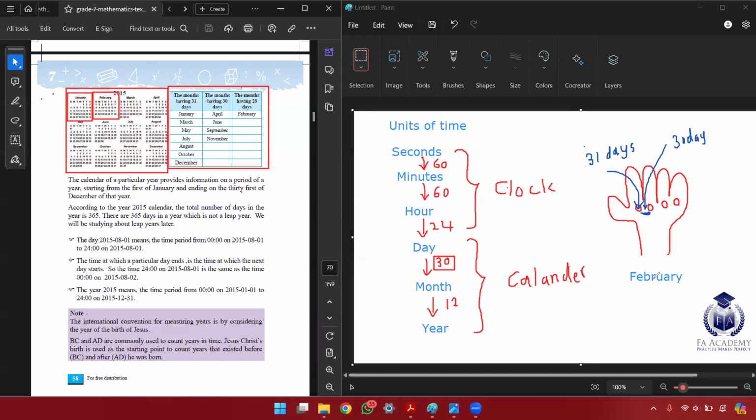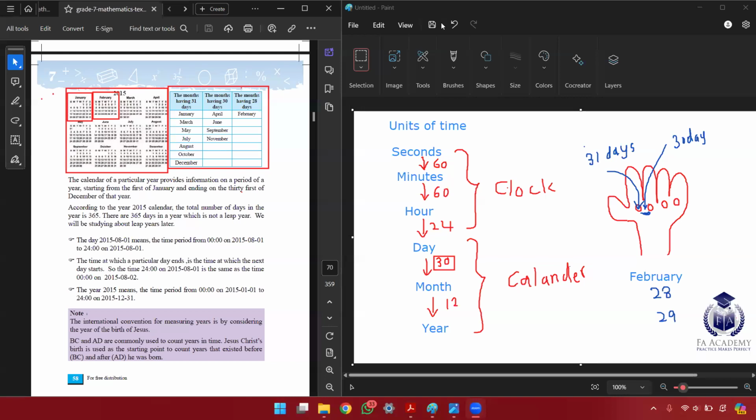Other months are having 30 days or 31 days, but only February is having 28 days, and in some cases 29. So in which case it is 29 days? We call the year with 29 days a leap year, right? That's a leap year.